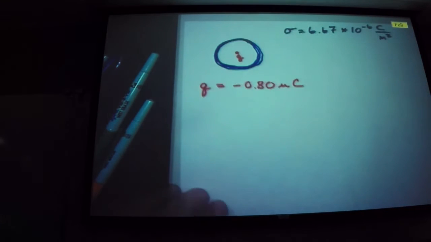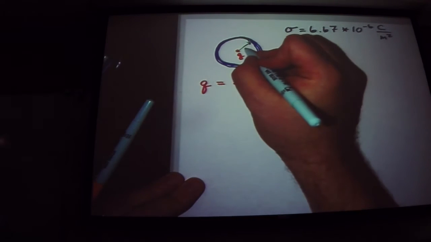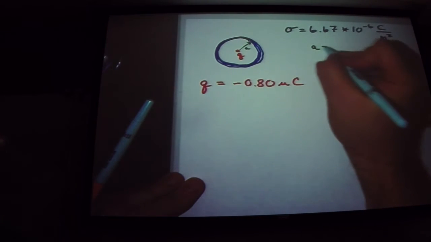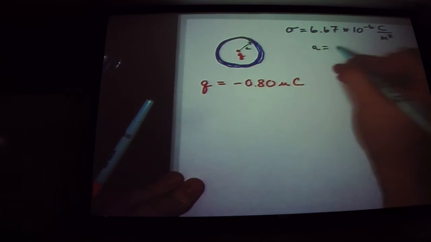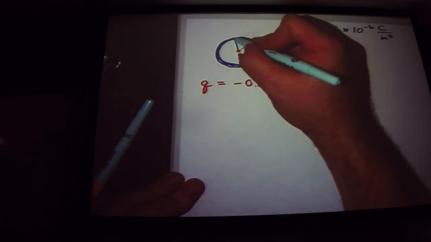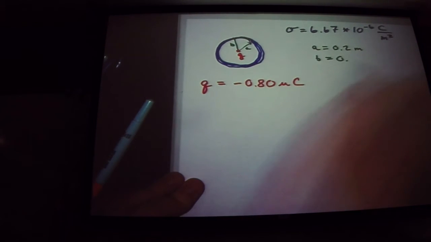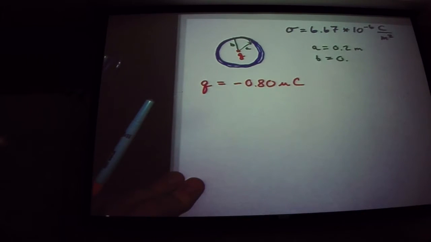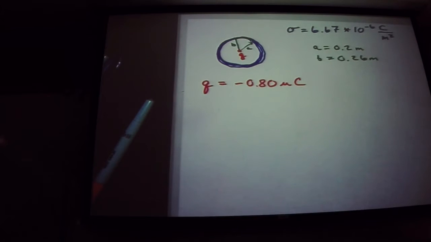Okay, so we have an inner radius of 0.2 meters and an outer radius of 0.26 meters. Then it asks us some questions, okay?